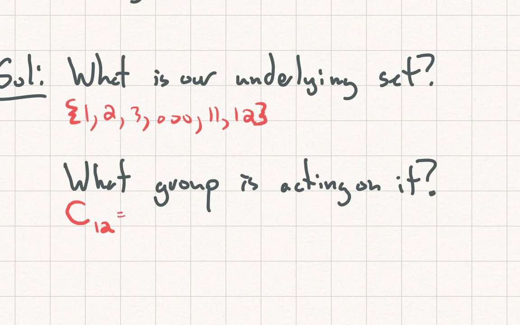And so let's call this the identity, of course. That does nothing. Then we have rho, rho squared, rho cubed, all the way up to rho to the 11th.